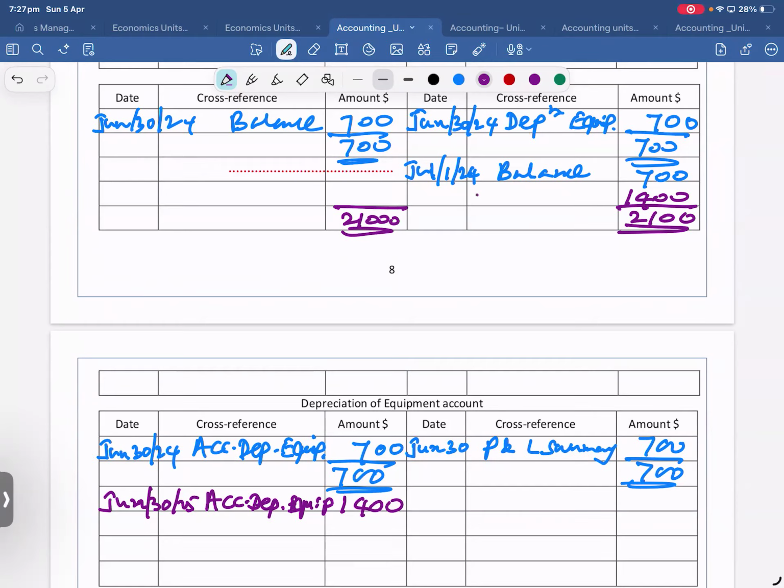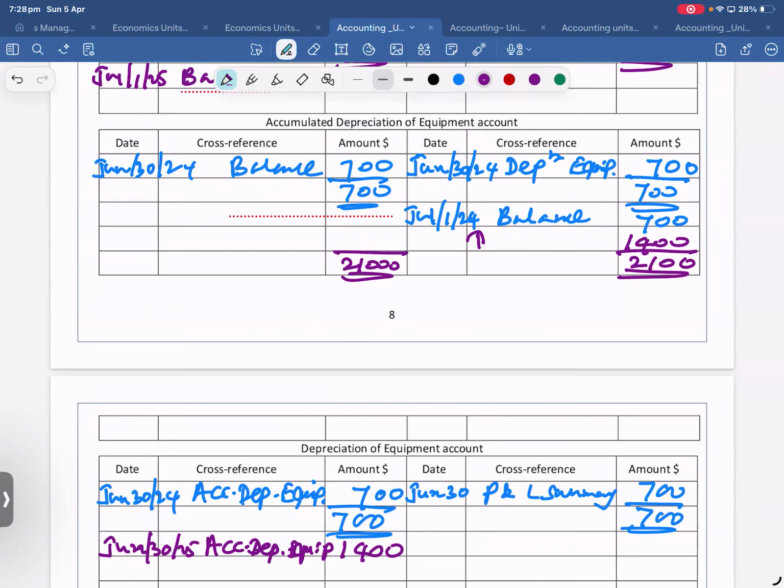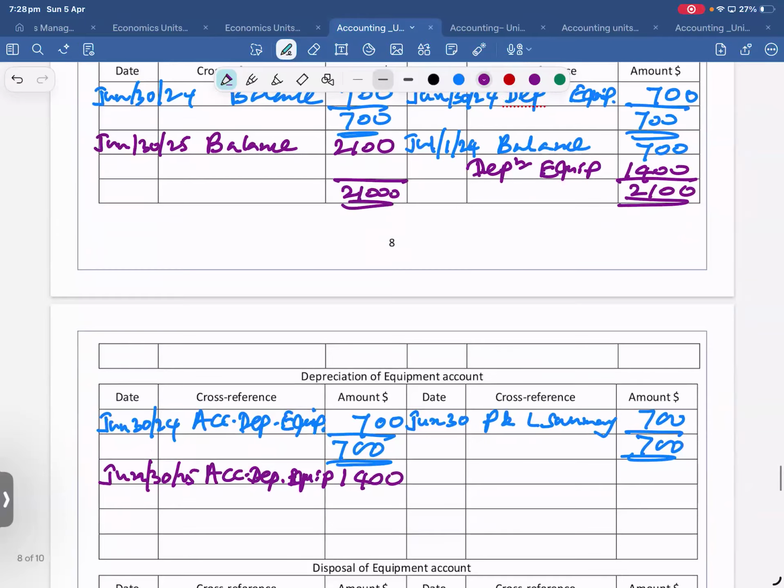This one is saying, what is it? Depreciation equipment. June 30th, 25, closing balance 2,100.